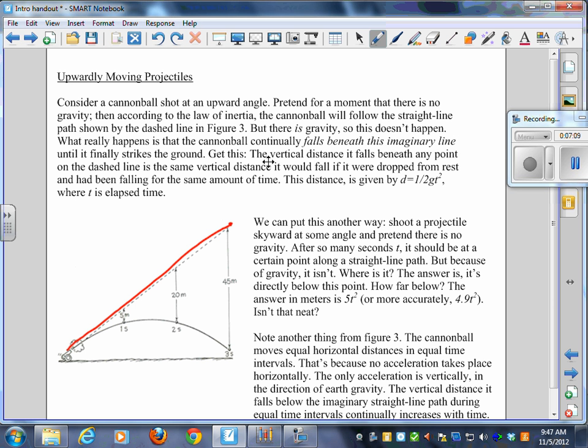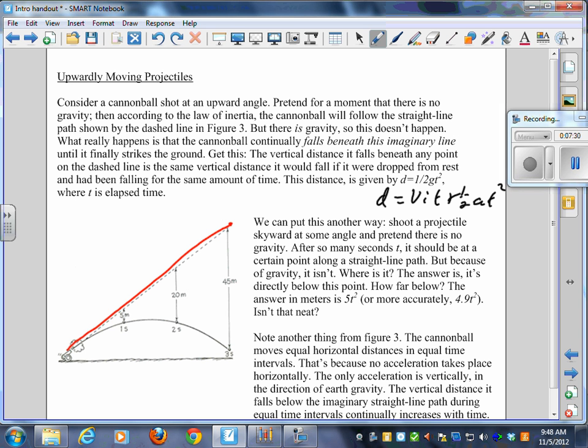Get this, the vertical distance it falls beneath any point on the dashed line is the same distance it would fall if it were dropped from rest and had been falling for the same amount of time. This distance is given by d equals 1/2 gt squared, and that of course comes from the formula d equals vit plus 1/2 at squared, where t is the elapsed time.